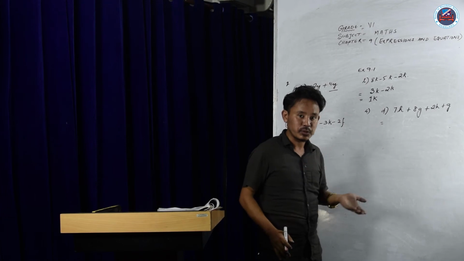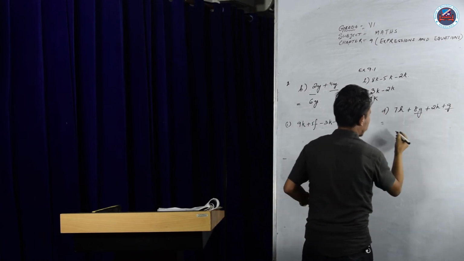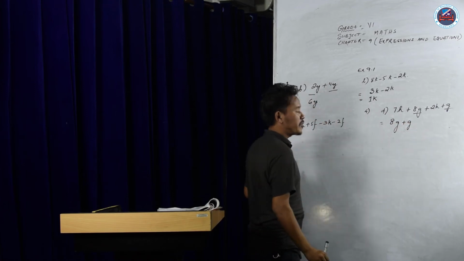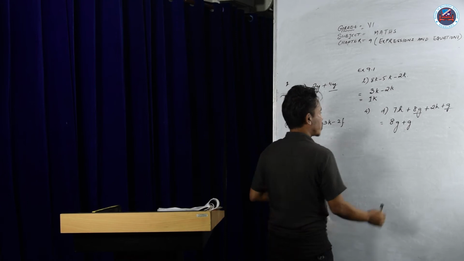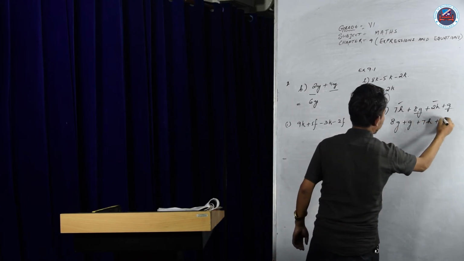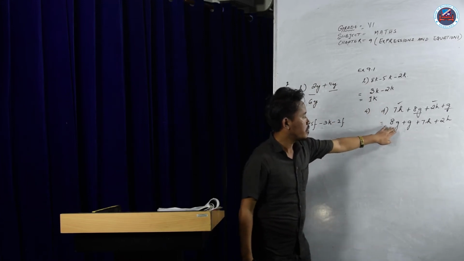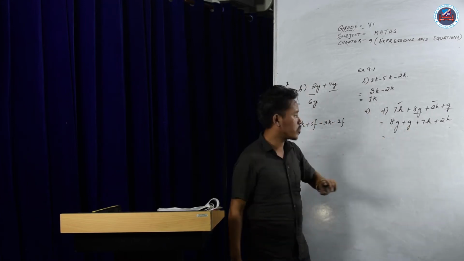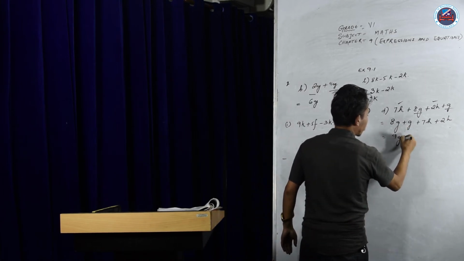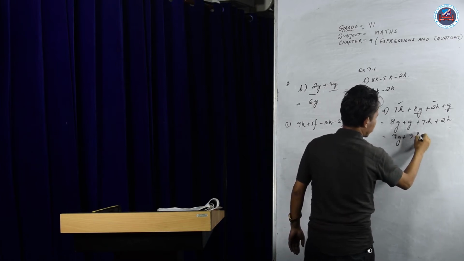After G comes H, right? So let's collect G first. We have 8G here and then 1G. So let's put it together, 8G and G, plus 7H plus 2H. Clear? Both are like terms. So 8 plus 1 gives us 9G, and 7 and 2 gives us 9H.